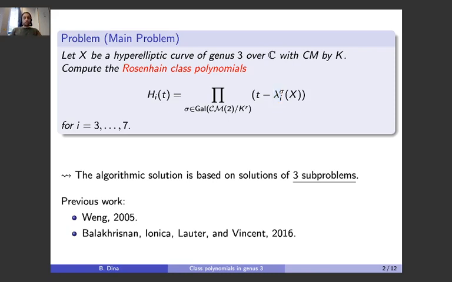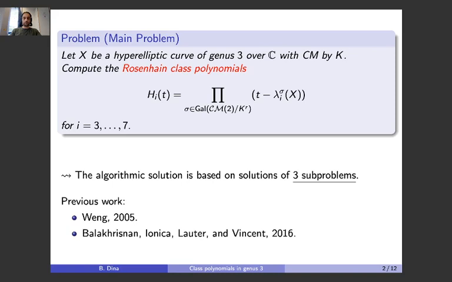The main problem is stated as follows: given a hyperelliptic curve of genus 3 over the complex numbers with complex multiplication by a sextic number field K, and this Galois extension here, compute the Rosenhain class polynomials h_i(t).